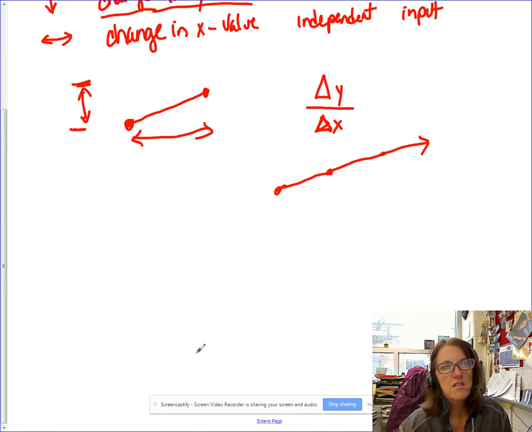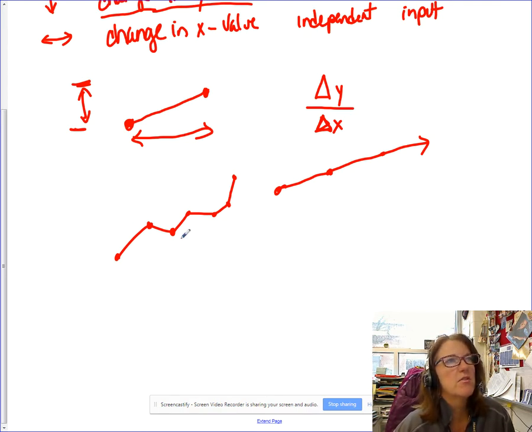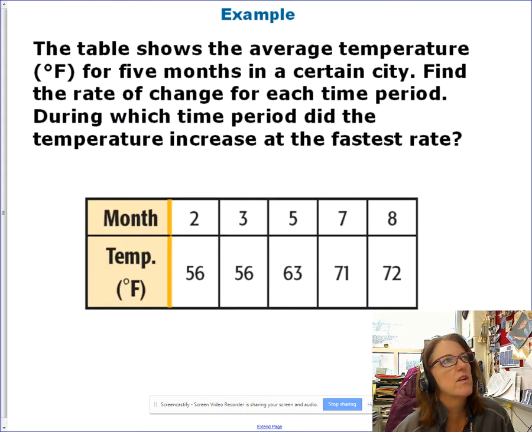Or is the situation going up or down, maybe a flatter part, a moderate part, maybe really steep? What is my data telling me? It tells a story all the time, and you're just trying to figure out, is it constant or does it vary? So let's take a look at one or two examples and get a feel for what's going on.